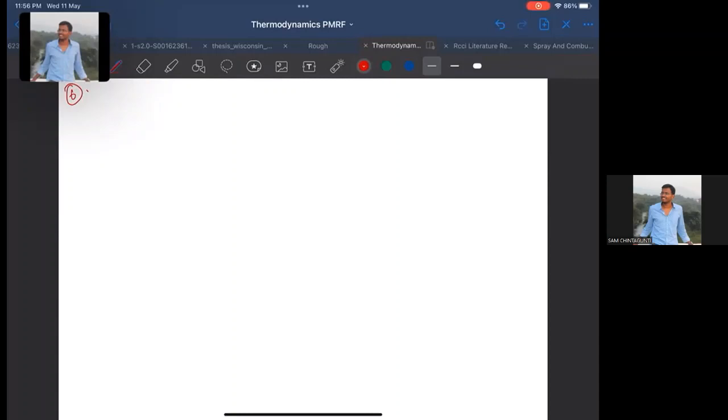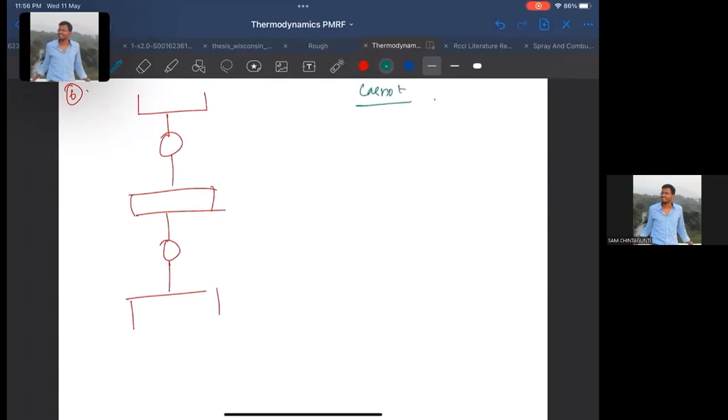Actually, we have seen this as a formula, but let's try to solve it. So these are in series, and it is given both of them are Carnot. They are in series. These are the important keywords.